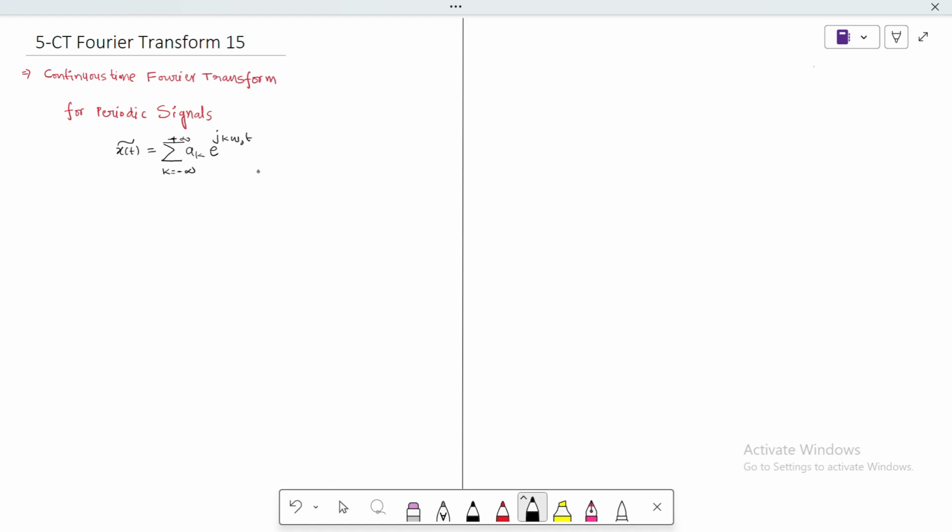So this x of t has a Fourier transform, that is x of j omega, the continuous time Fourier transform.